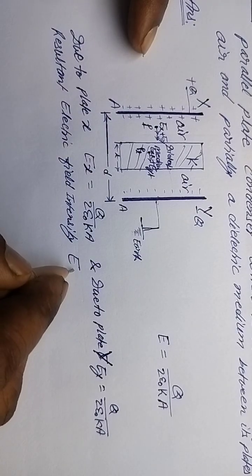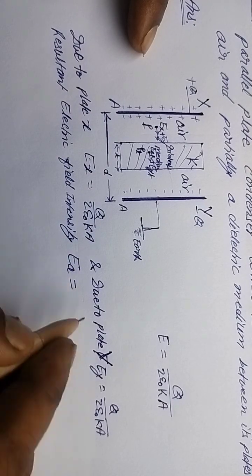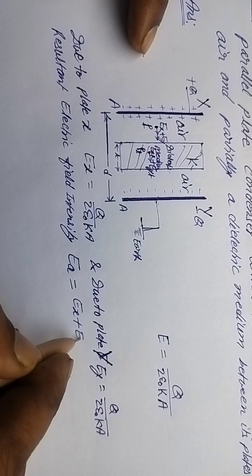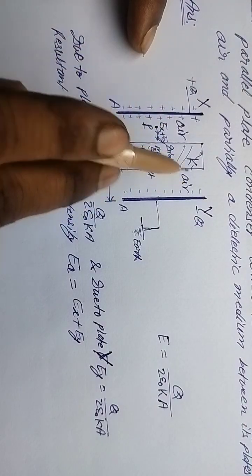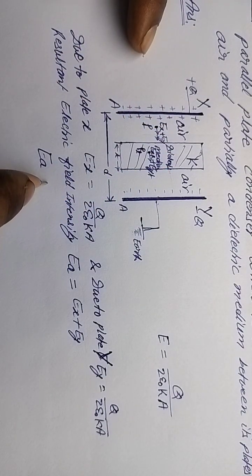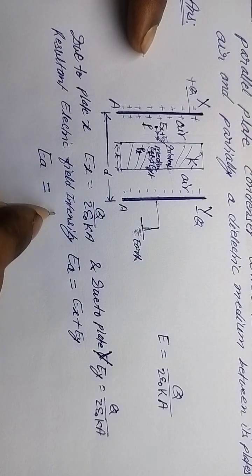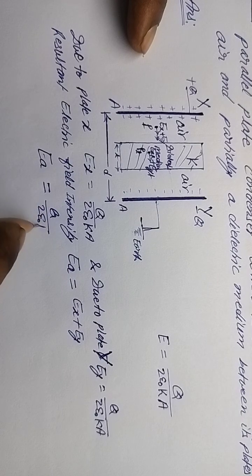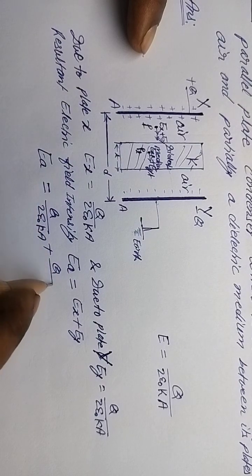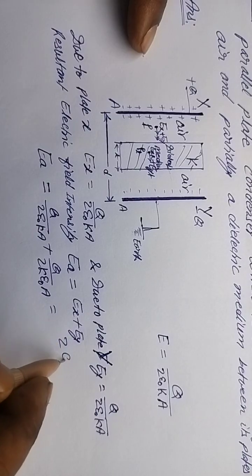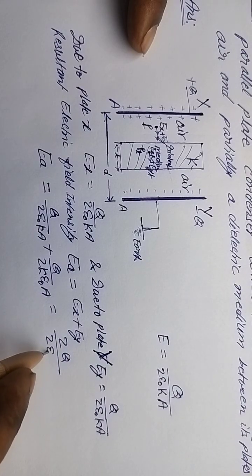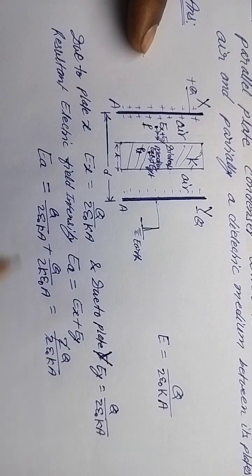EA for air, EA is equal to the sum of Ex and Ey. Putting the values of Ex and Ey, we get Q upon 2 epsilon 0 K A plus Q upon 2 epsilon 0 K A, which is 2Q upon 2 epsilon 0 K A, the 2s cancel.